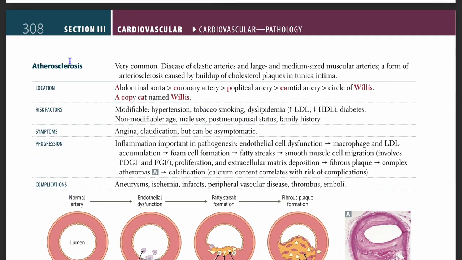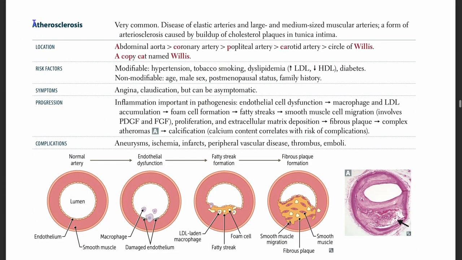So atherosclerosis, very important. We need to know how this plaque is made. So it's a very common disease of elastic arteries and large and medium-sized muscular arteries. Right. A form of arteriosclerosis caused by buildup of cholesterol plaques in tunica intima. Right.